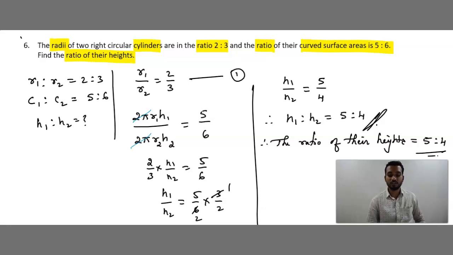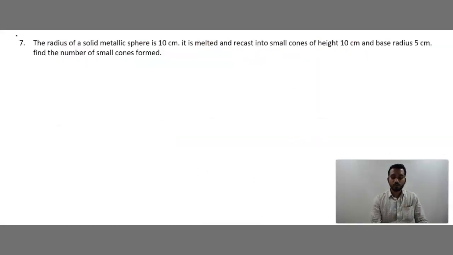I hope you have understood this problem, how to solve this type of sums. The next question is: a solid metallic sphere of radius 10 cm is melted and recast into small cones of height 10 cm and base radius 5 cm. Find the number of small cones formed.